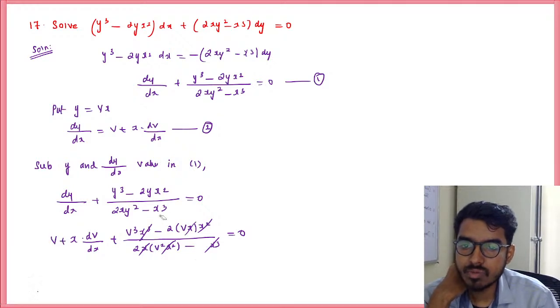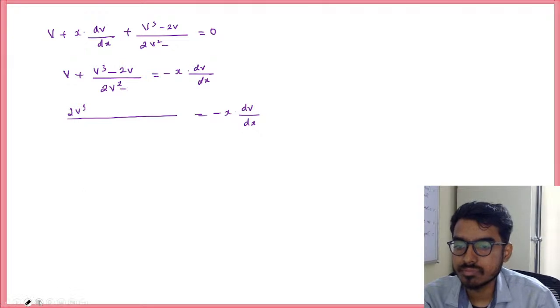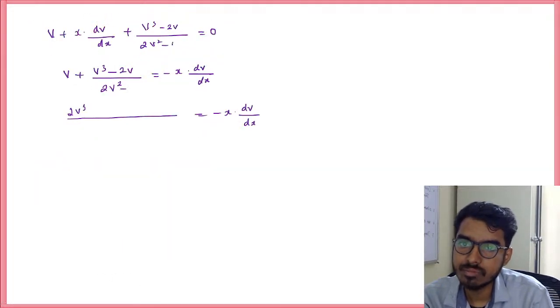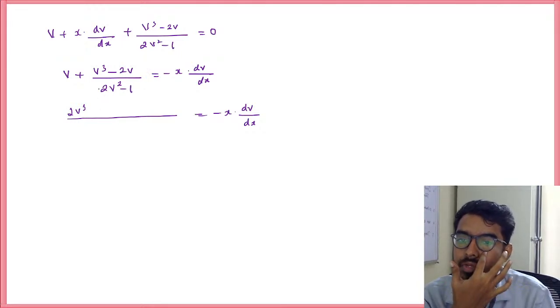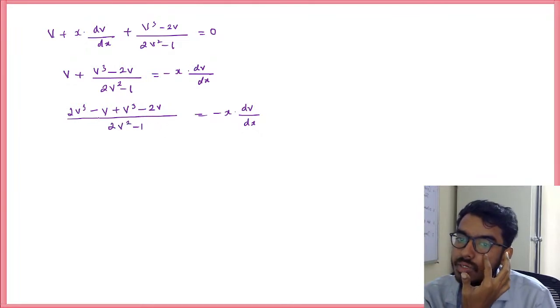Because we are just replacing y to be equal to vx. It will be 2v square minus 1. So cross multiplying this, we will have 2v cube plus v cube minus 2v divided by 2v square minus 1. 2v cube plus v cube is 3v cube.